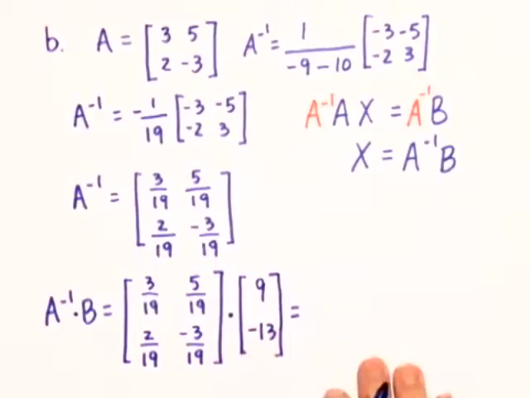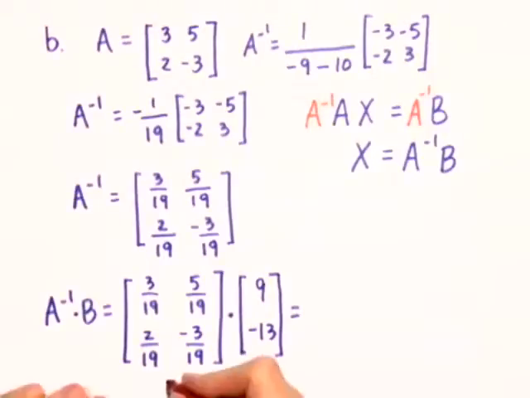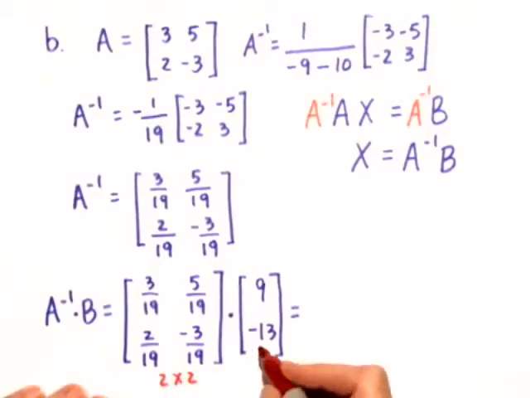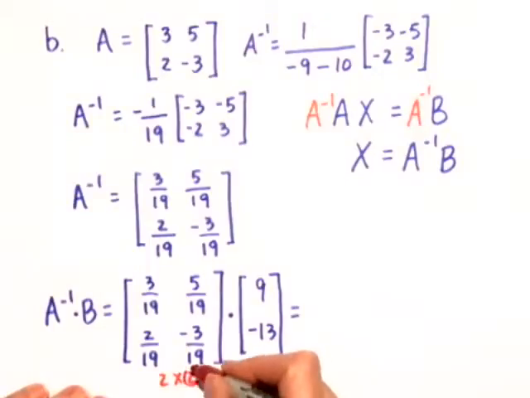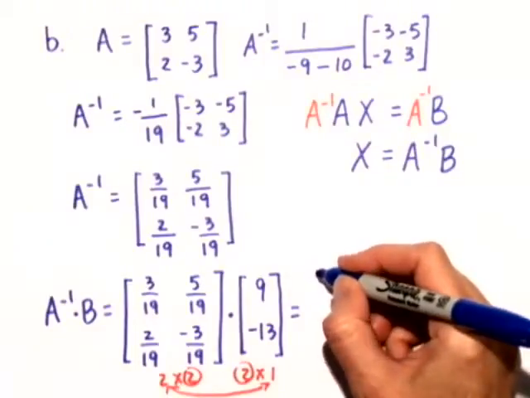So, if we multiply these matrices, let's think about it for just a minute. We have a 2 by 2 matrix, which is A inverse. And we have a 2 by 1 matrix, which is our constant matrix. So because these two middle numbers match, we can do the multiplication, and the order of our solution matrix will be a 2 by 1. So in other words, I have 2 rows and 1 column. I'll just have 2 elements in this matrix. But we need to do a little simplifying to get to those 2 elements.